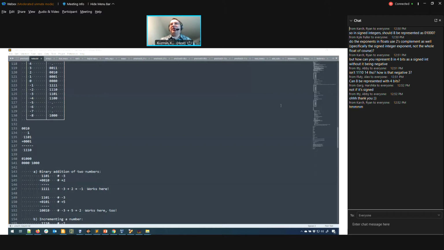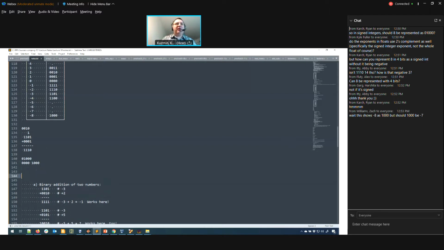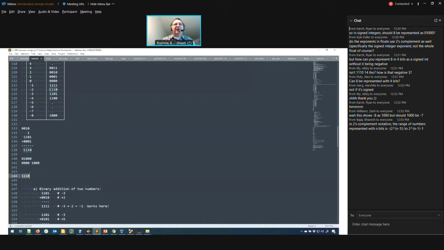All right, so that's another great question. So what is this, right? If I just give you these 4 bits and I ask you what is the value of this binary number, the correct answer is you didn't give us enough information to say that, because you have to know what those bits represent.